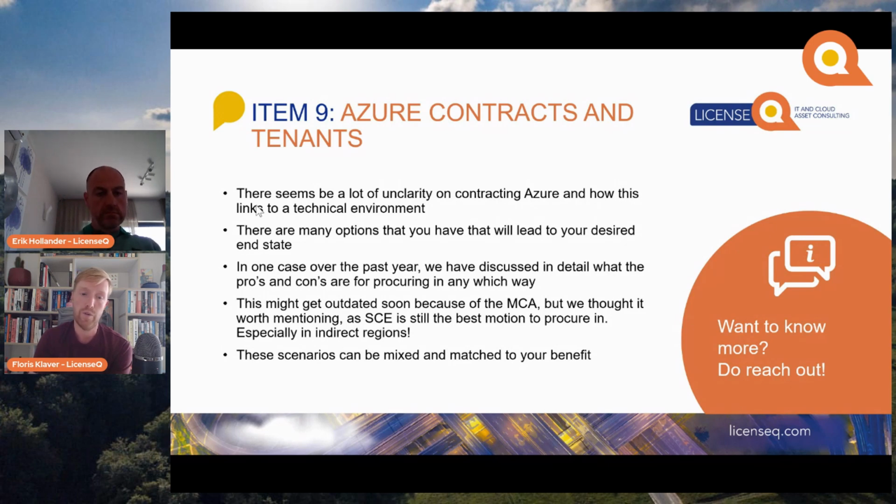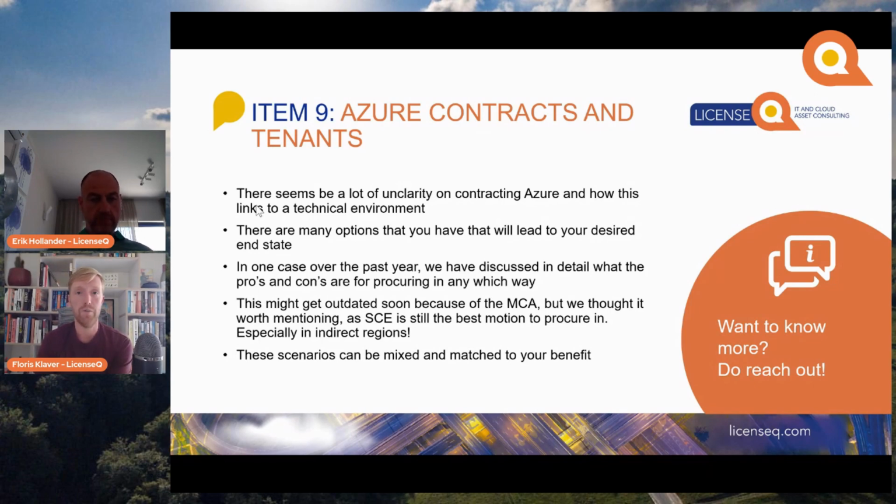And don't worry if you're in an indirect market, because if you're an indirect Microsoft market, this is still available to you. If you're in a direct market, it might be more difficult, but there are always different ways that lead to Rome. If you're in a direct market, they're pushing you to the MCA. Always tell them, no, I want to procure all my Microsoft software and services in one contract.